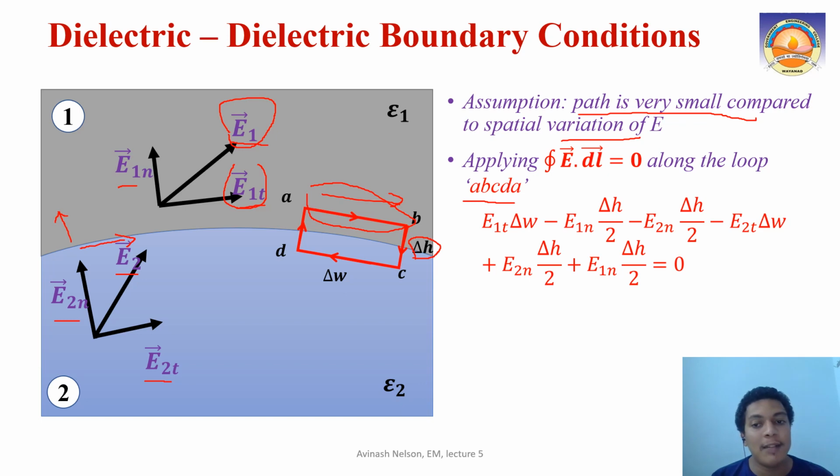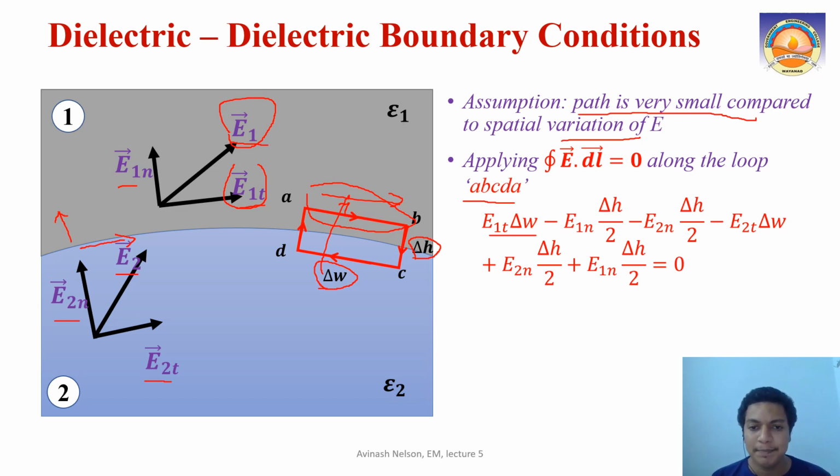Whenever you have the same direction, you can just multiply, so the normal component will not come for AB. So E1t into delta W, where delta W is the length. Here also it is delta W only. So E1t into delta W is the dot product for E dot dl in the portion A to B.